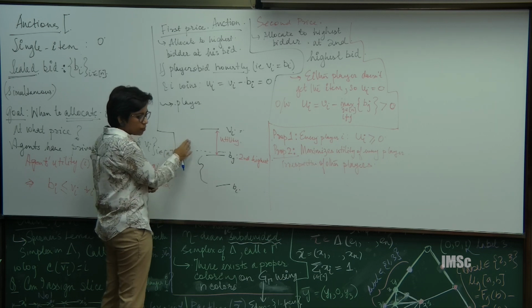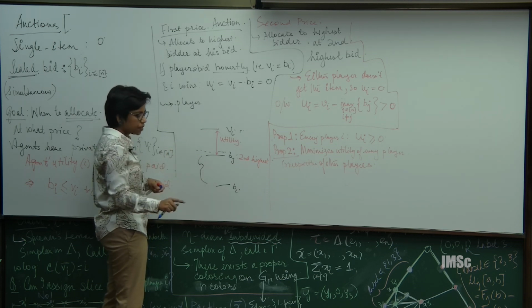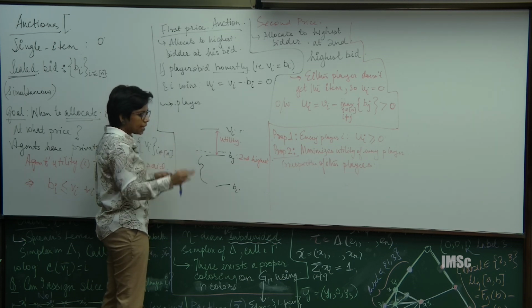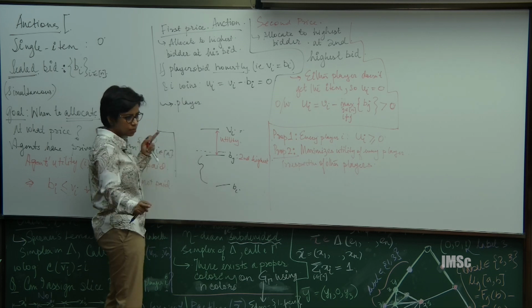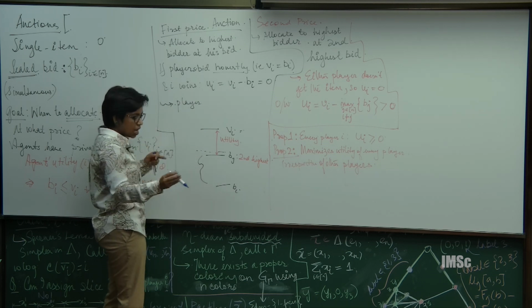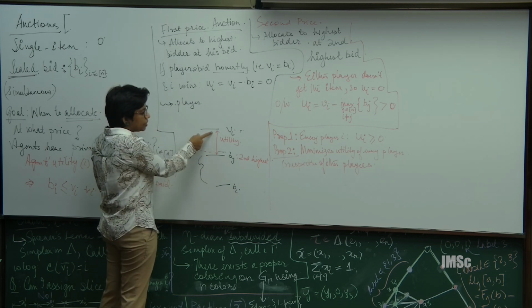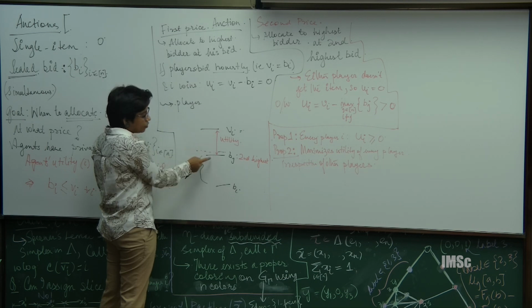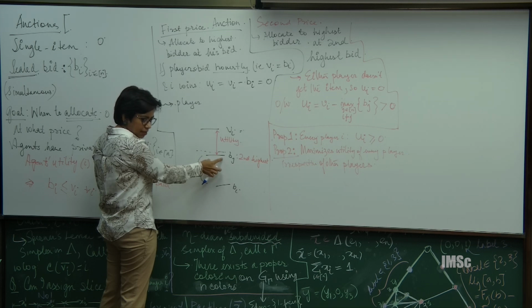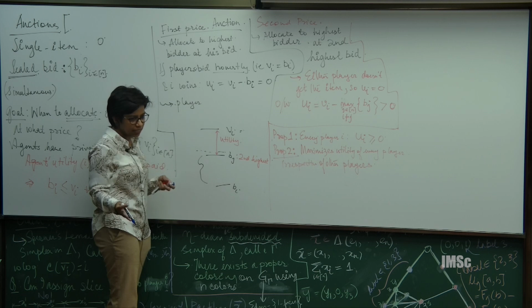First, we will argue for him, and then we will argue for the people who did not win. So the person who is winning, he is getting the item. The question is, could he have increased his utility? The point is, he could have bid less than this, but he must have remained above the second highest bid. Otherwise, the moment he falls below the second, he is no longer getting the item.